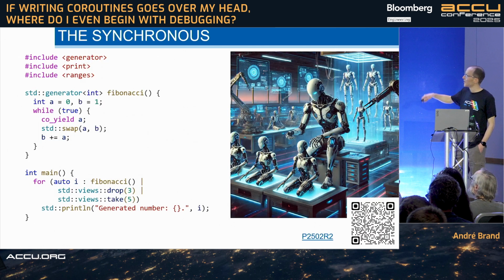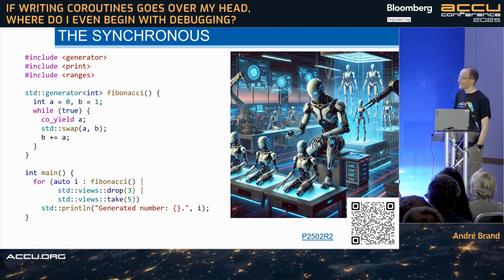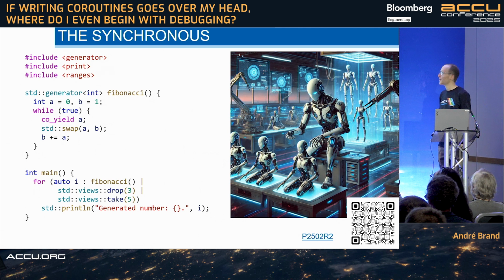So let's have a look at the first and still only hero we got from the standard as of C++23. That's the coroutine return type std::generator. Yes, it's here like in the movies.